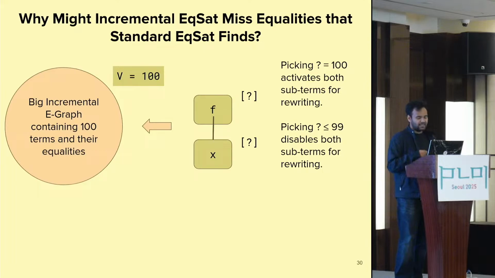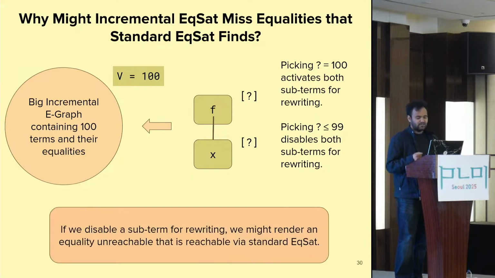If I pick anything less than 100, then I've chosen to disable these E-classes for rewriting as per the semantics of E-matching. The problem is just that any time you choose to disable a subterm for rewriting, you might render an equality unreachable that is otherwise reachable by standard EGSAT.